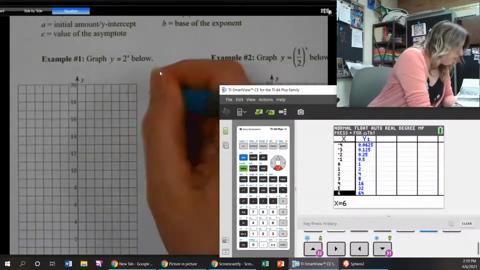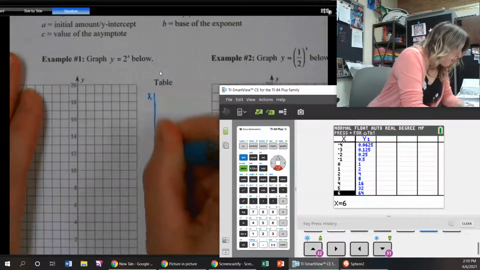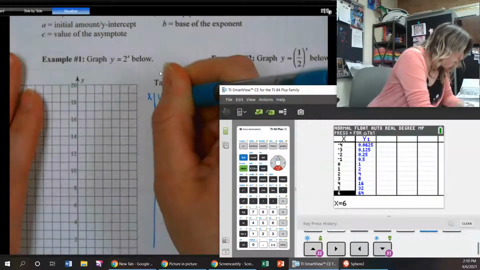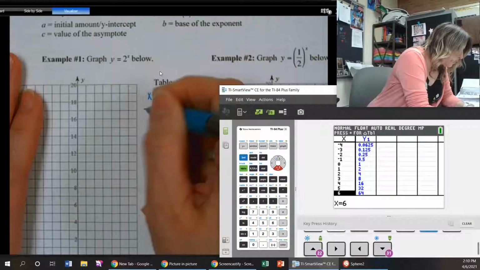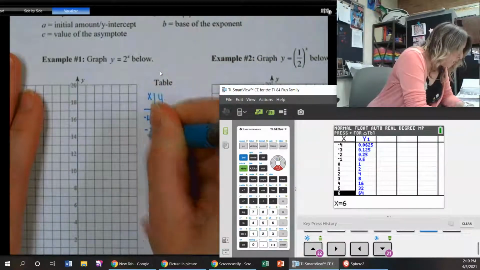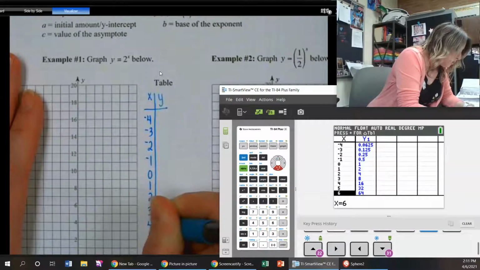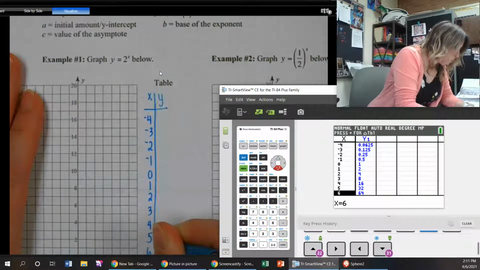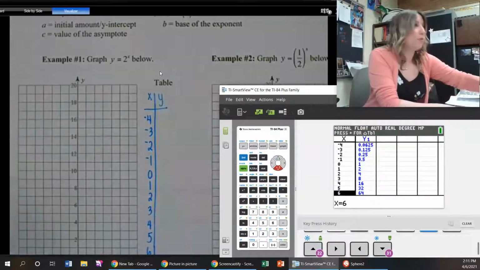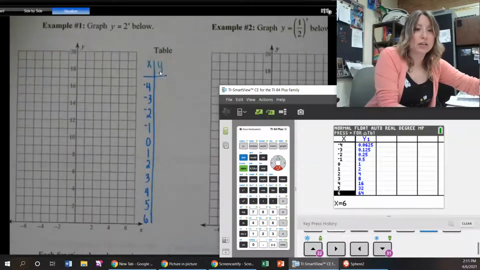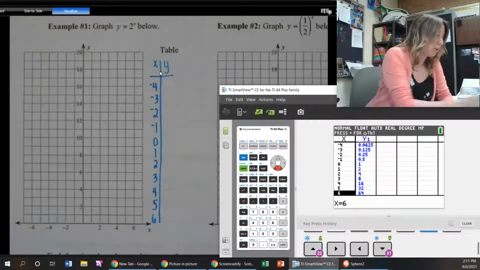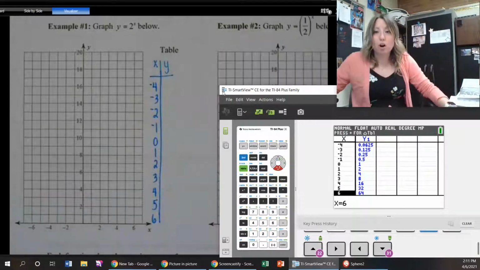Okay, so let's get these points on here from -4 all the way to +6, even though I likely will not be able to fit those. But I want to see the movement that's occurring when x is my exponent and what's going on with my y's.